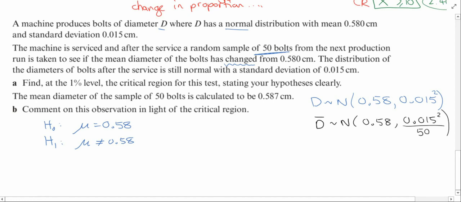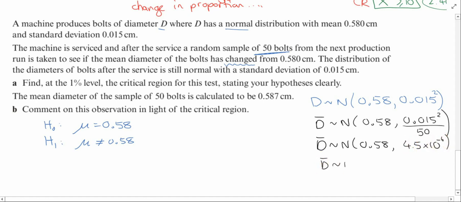So let's type that in. So 0.015 squared and divide it by 50. I'm just going to change that to a decimal quick. Well, the variance is 4.5 times 10 to the minus 6. That is your variance.